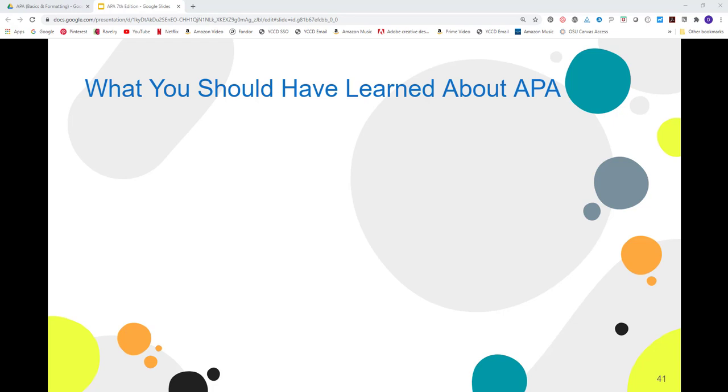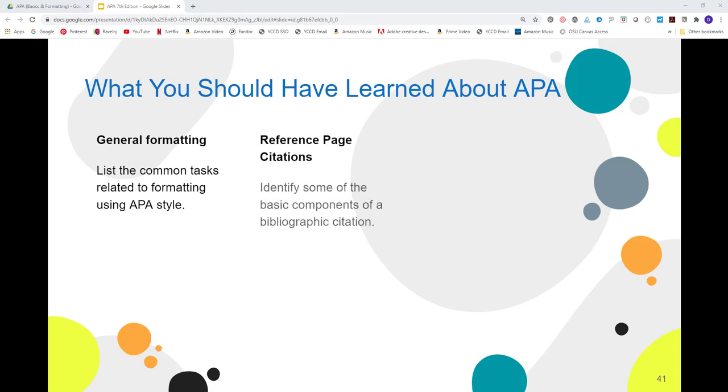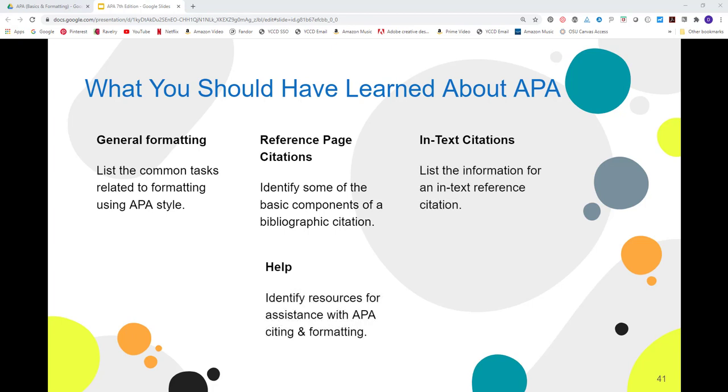To conclude this workshop, now is a good time to reflect on what you should have learned from watching this workshop. You were challenged with learning the common tasks related to formatting using APA style, identifying basic components of a bibliographic citation, listing the information needed for in-text citations, and identifying resources for assistance.